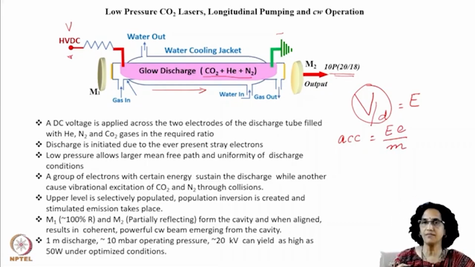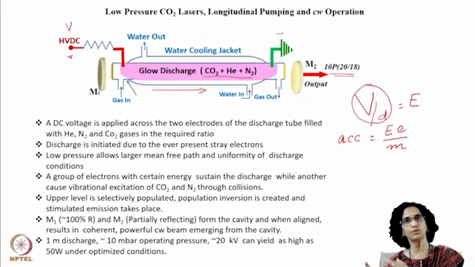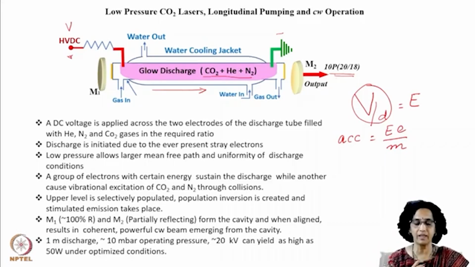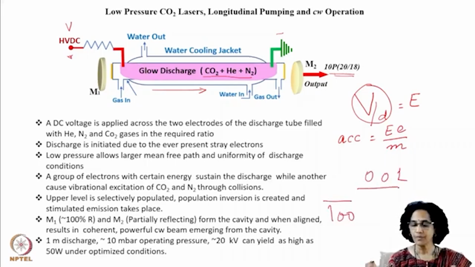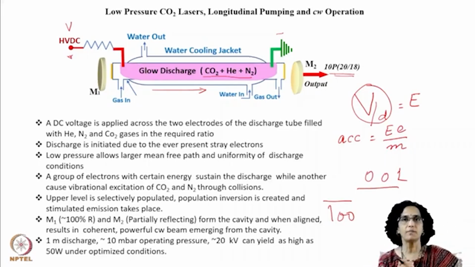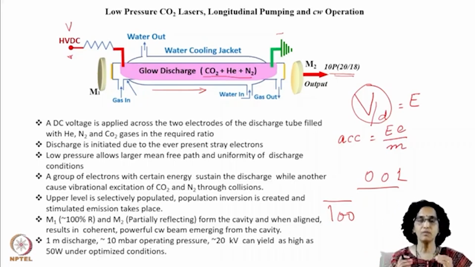So this will give rise to the population of the upper level of the CO2 molecule, and also through collisions with nitrogen, the 001 level is selectively populated, and population inversion is created between the 001 level and the 100 level that we have seen. So when a population inversion is created, stimulated emission sets in from spontaneous noise.